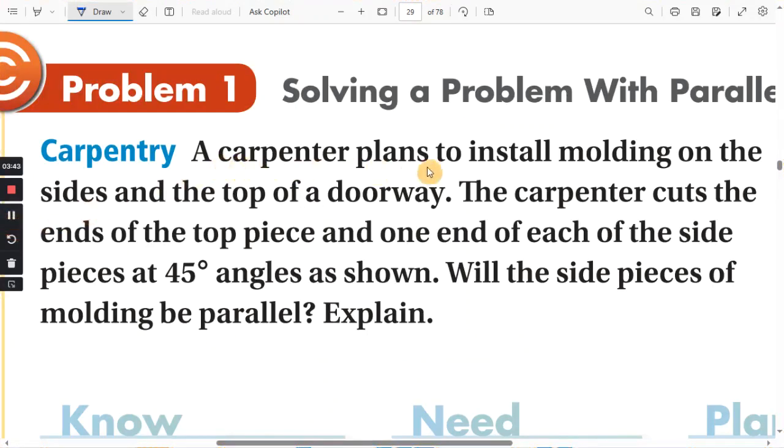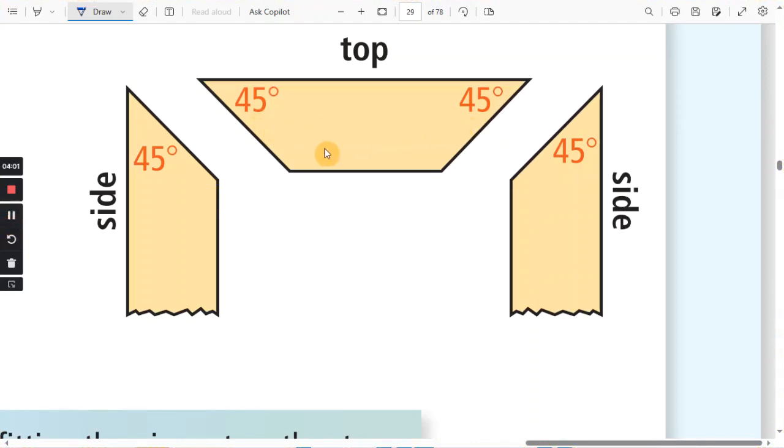All right, a carpenter plans to install molding on the sides and top of a doorway. The carpenter cuts the ends of the top piece and one end of each of the side pieces at 45-degree angles. Will the side pieces of the molding be parallel? Let's see. So this is how the carpenter cut the wood. Here we have a 45-degree angle, and here we have a 45-degree angle.